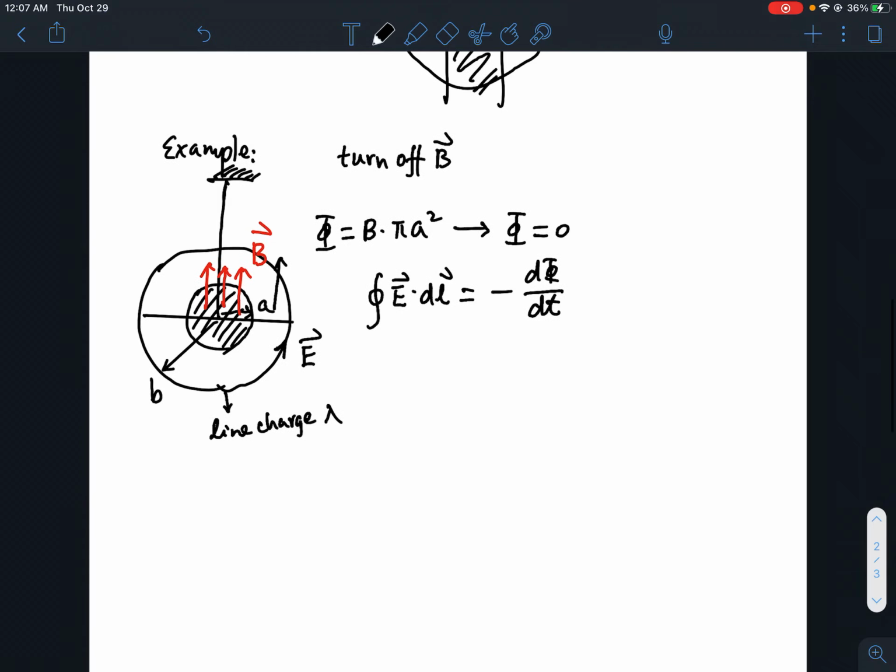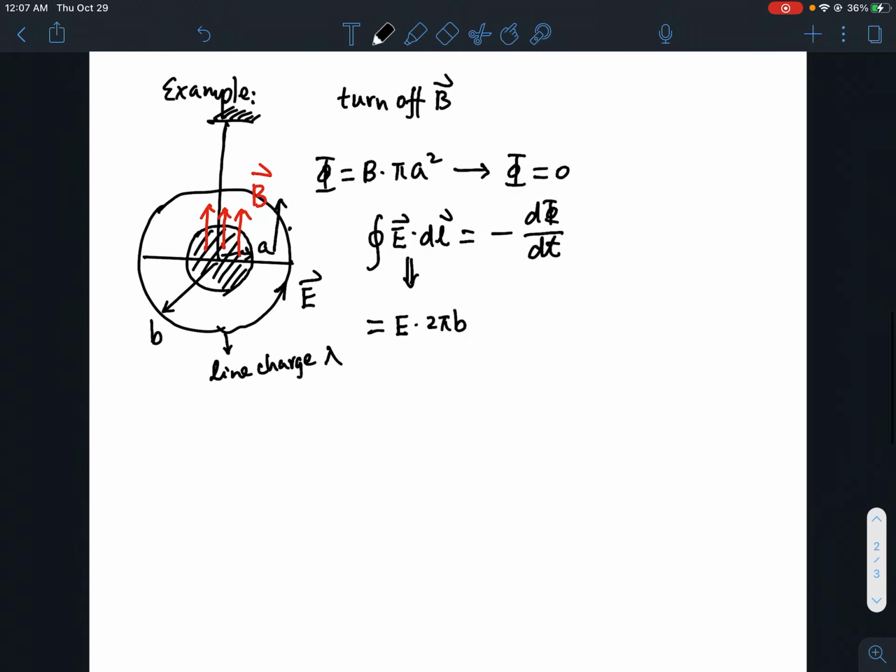And because of symmetry, E should be the same for every point on the wheel, and the length is 2 pi b. And the flux phi has a maximum value of B times pi a squared, then suddenly it becomes 0.